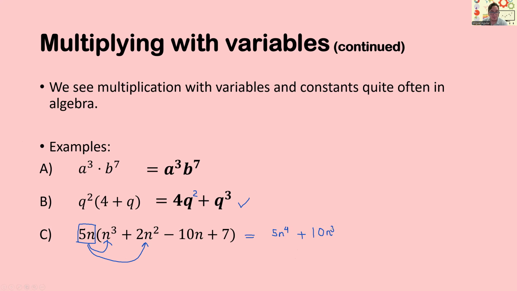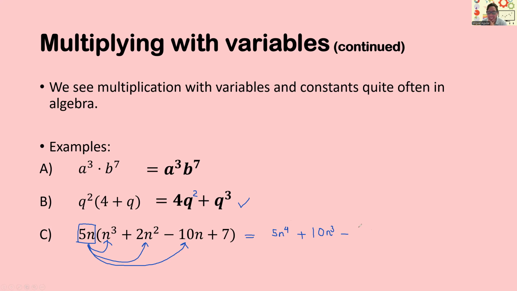What is 5n times negative 10n? Negative 50.